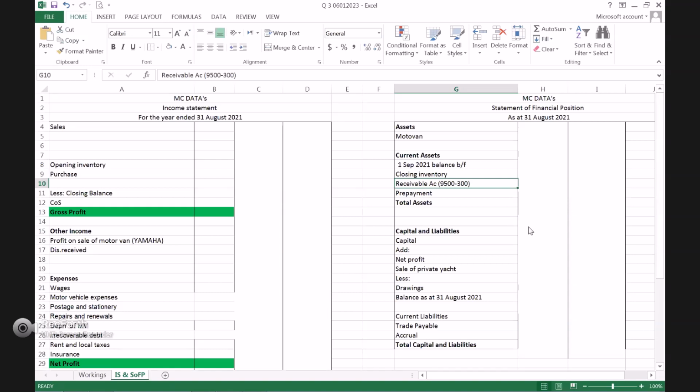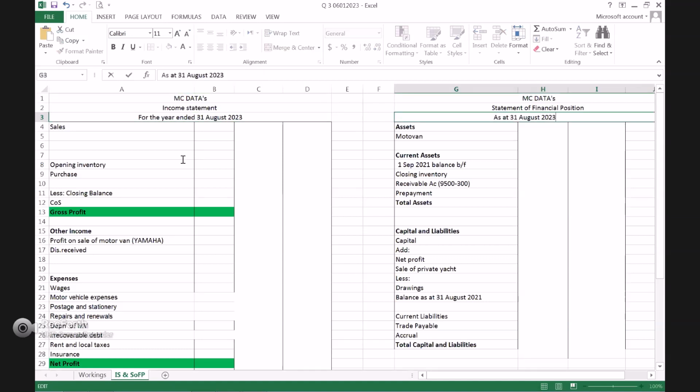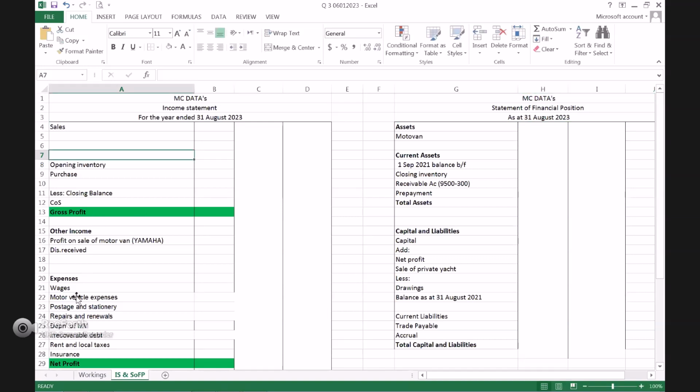Just write it down, for the August 2023. First you have to put the heading.